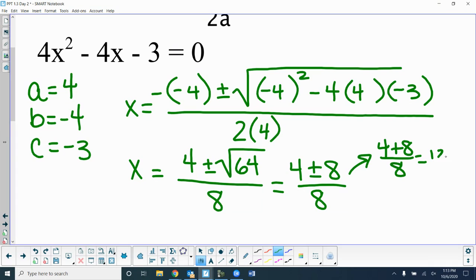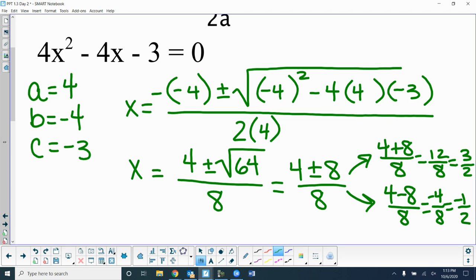Twelve eighths, which reduces to 3 halves. Or 4 minus 8 divided by 8 is negative 4 eighths, which is negative 1/2. So if they come out to be nice numbers, go ahead and finish like I did. You guys remember how to do this, don't you?